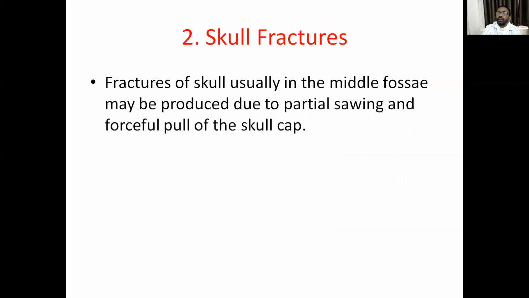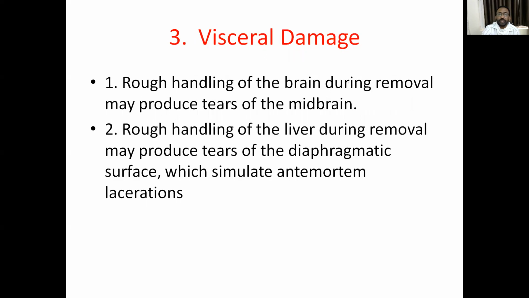Skull fractures. When you open the skull to examine the brain tissue, if you are not sawing the skull bones in a proper way, the internal brain may be damaged, and you may mistake it for an antemortem injury of the brain tissue. Visceral damage. You all know the methods of removal during postmortem examination.